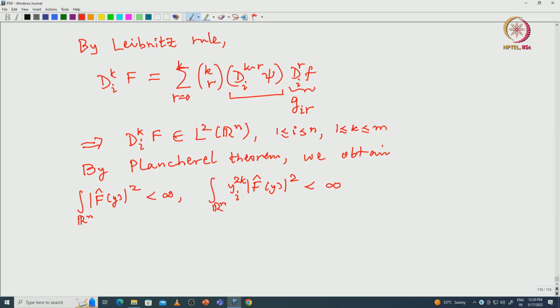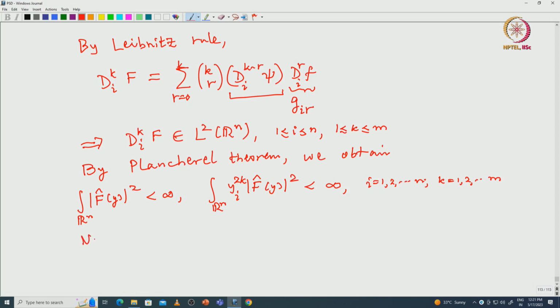That is essentially the Fourier transform of D_i^k F. This is for i equal to 1 to n and k equal to 1 to m.